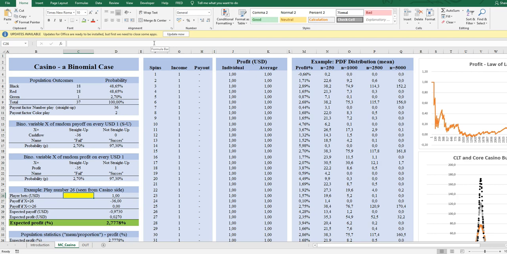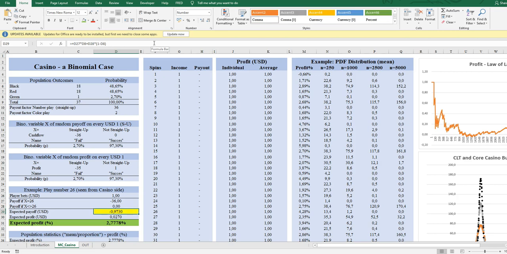Now I'll just show you how it works. If we play number 26, so the player bets $1, the payoff if the outcome is 26 is the cash flow minus 36, and 0 if not.